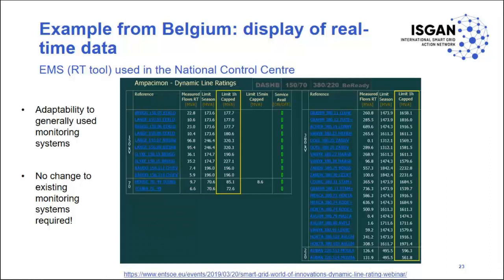So firstly, they have to be confident in the ratings that you give them. And secondly, in terms of integration, the solution has to be integrated. That is, the data have to be mapped into the SCADA system, whatever it is.